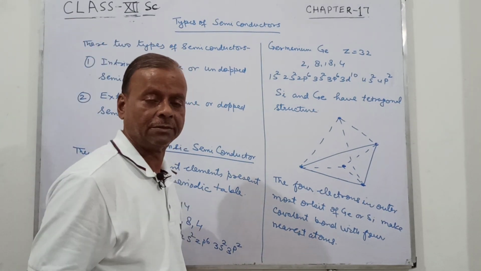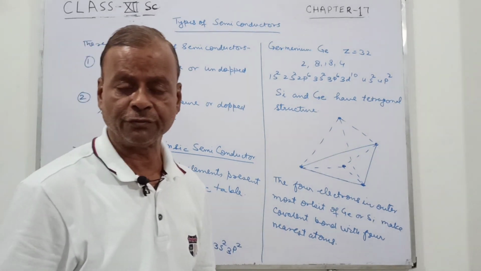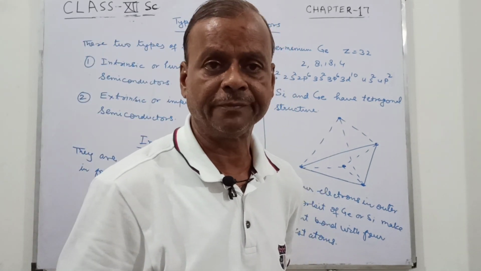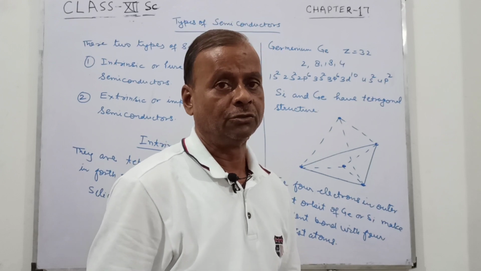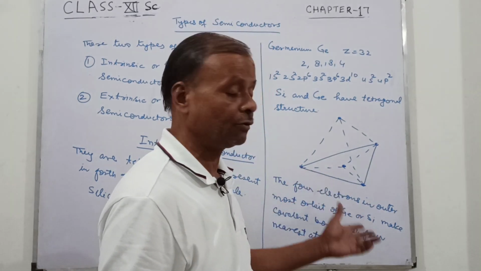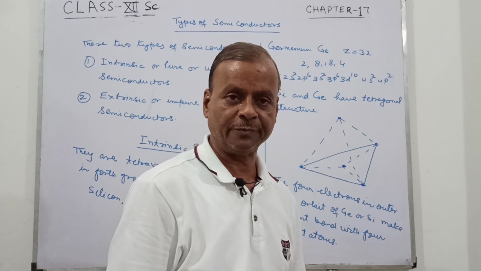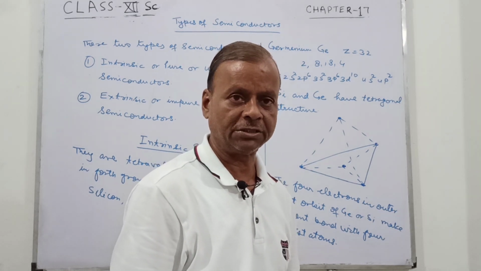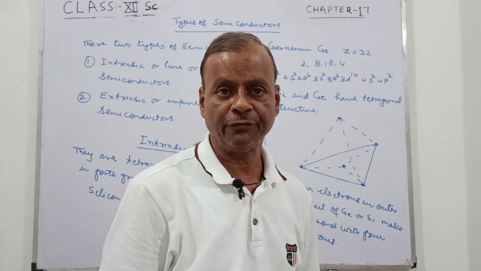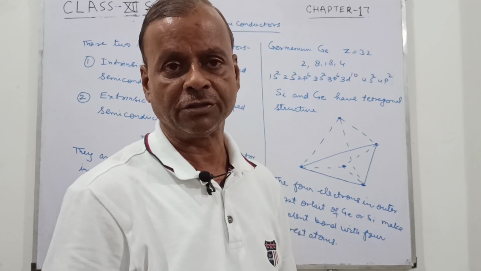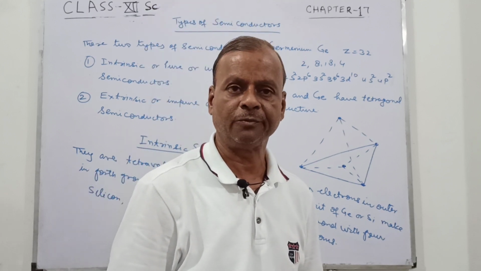Because every element wants to have 8 electrons, the complete octet. So there are 4 electrons and we need 4 more for the octet, and this will happen only when there is the formation of bonds, and this bond is the covalent bond.